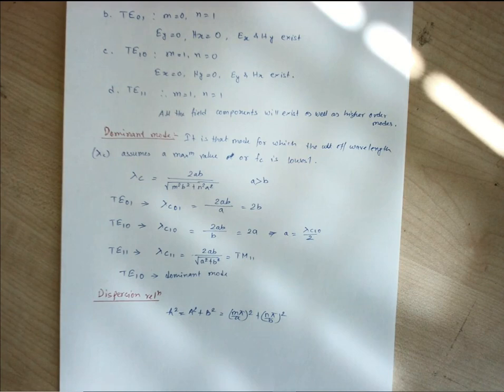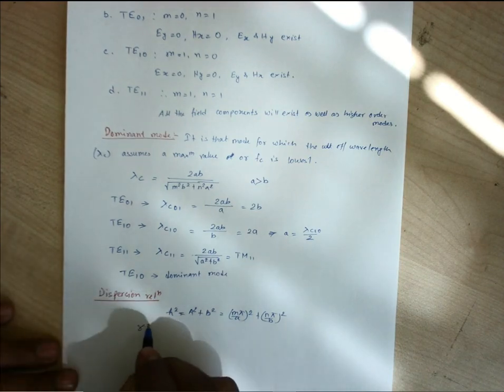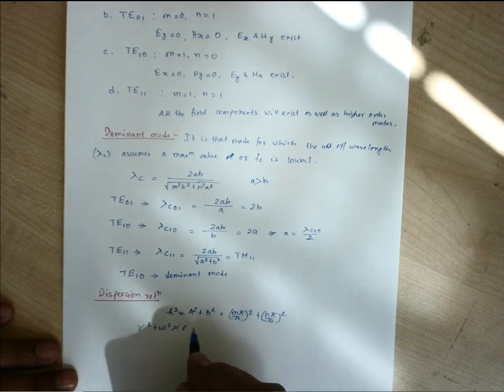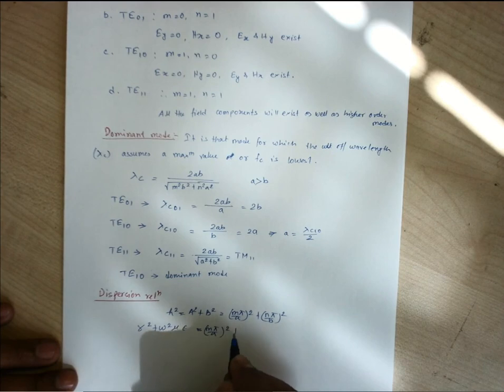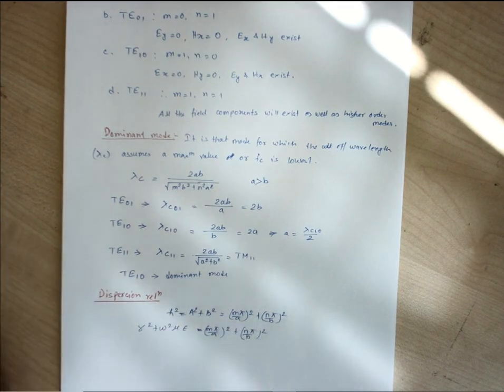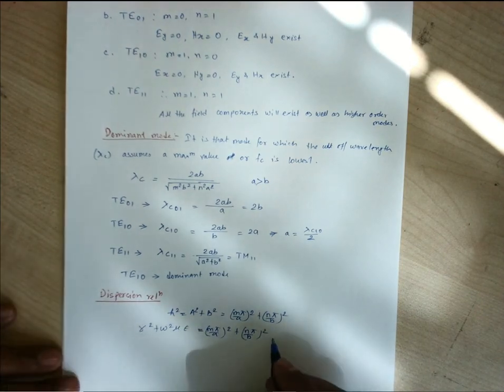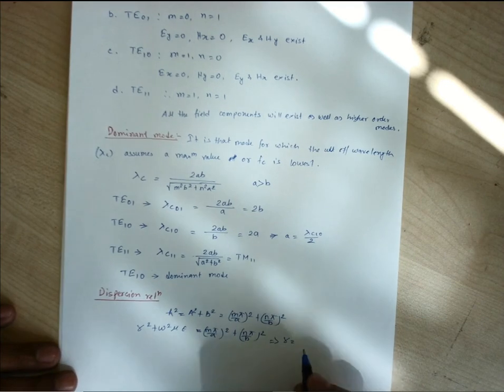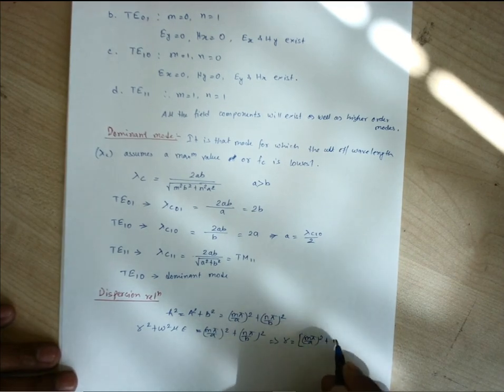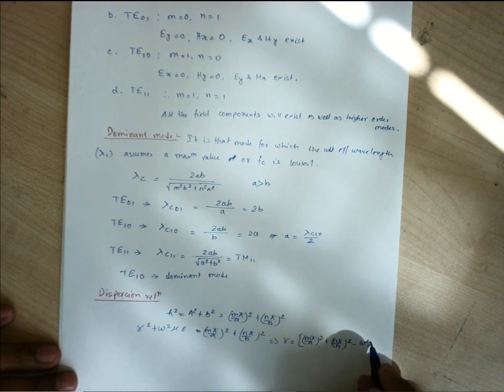Now what is this H square? H square is gamma square plus omega square mu epsilon, which is equal to m pi by A whole square plus n pi by B whole square, right? So what is this gamma? Gamma is root over of m pi by A whole square plus n pi by B whole square minus omega square mu epsilon.